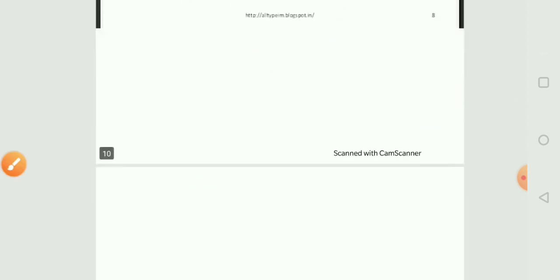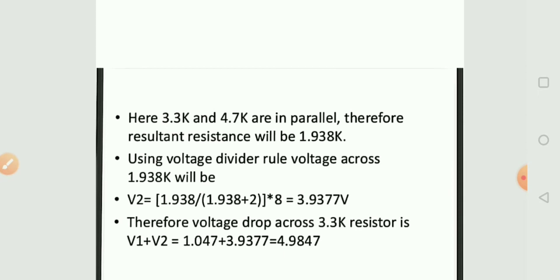By solving it, we find the value 3.9377 volt.